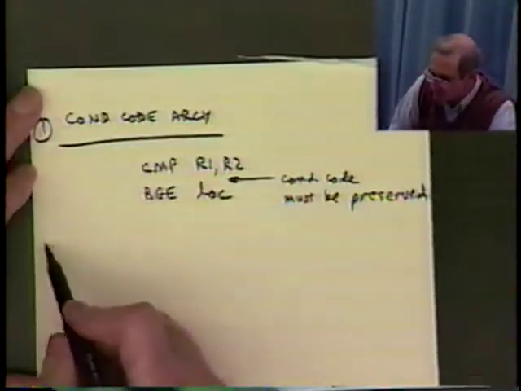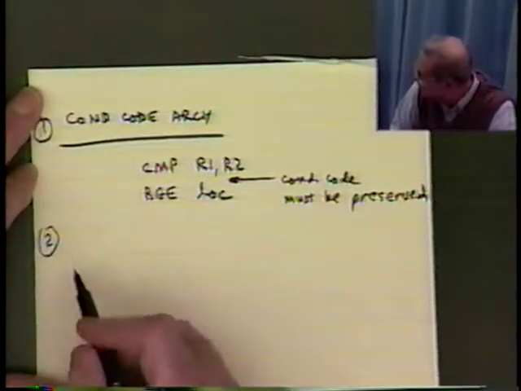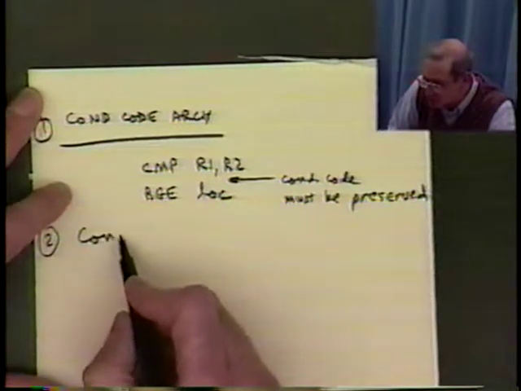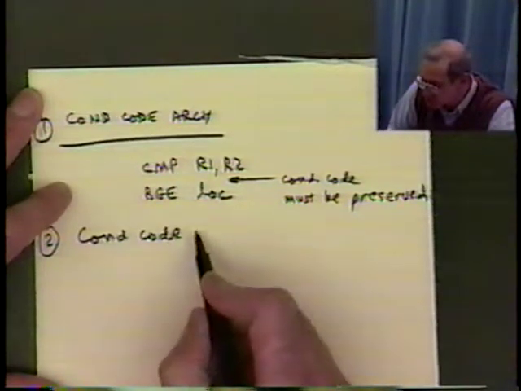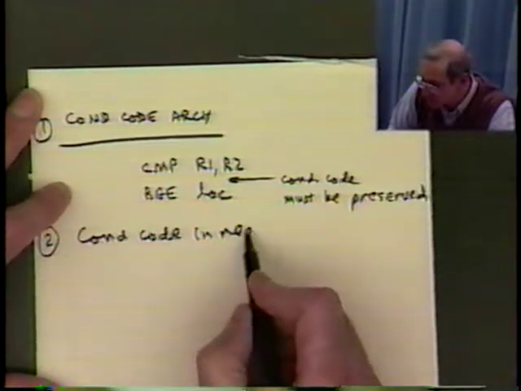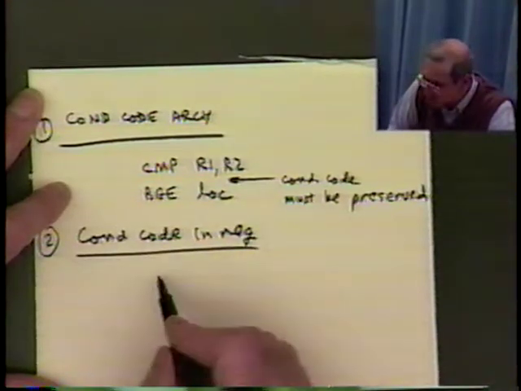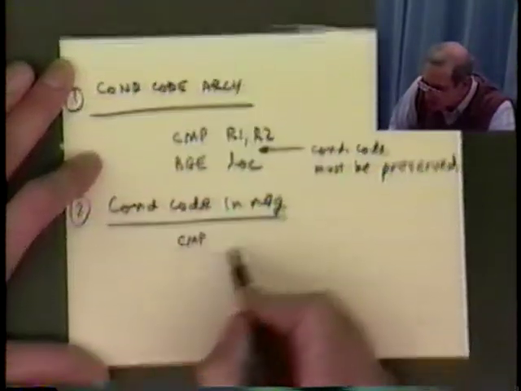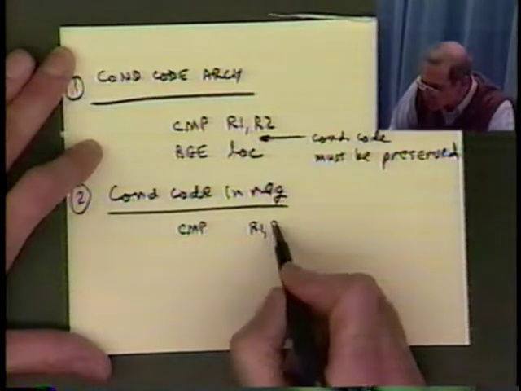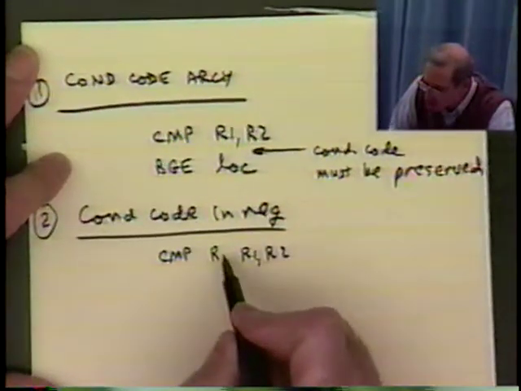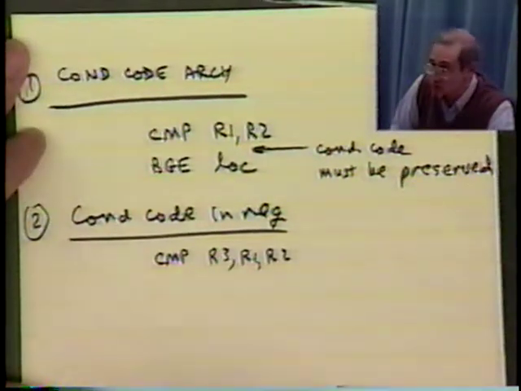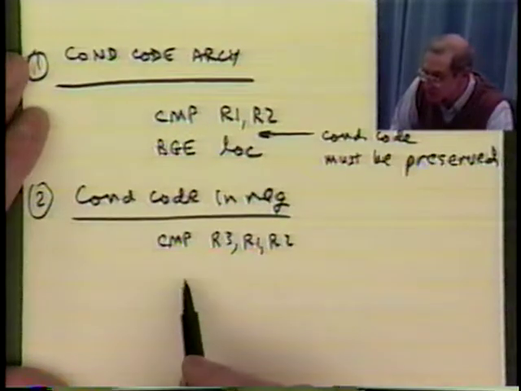So going back to our example, if we had a condition code in register machine, you might do something like compare, again register 1 and register 2, but this time put the result of the comparison, let's say 0 or 1, in a third register.